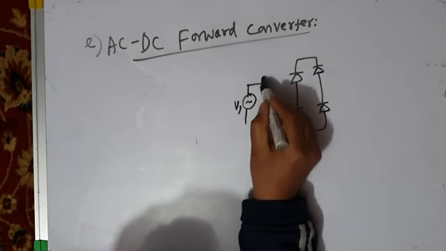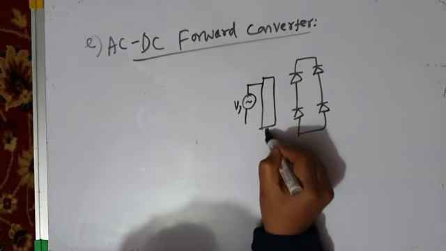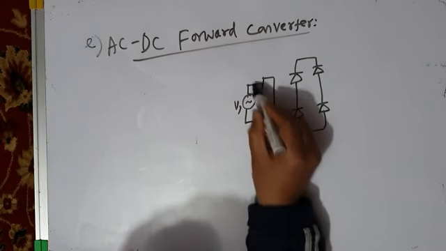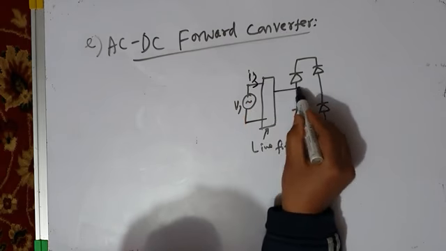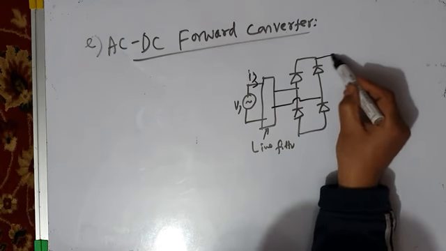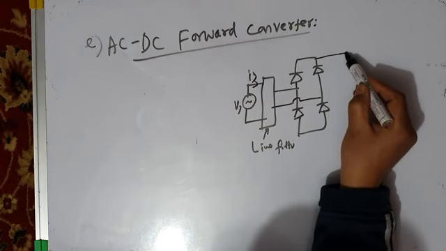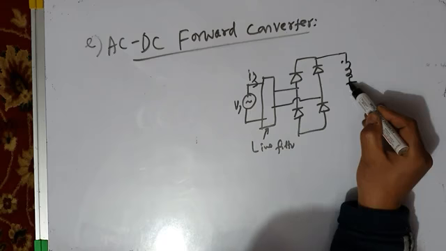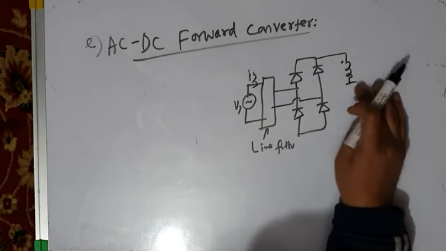This is source voltage, line filter, source current, and your forward converter looks like this.